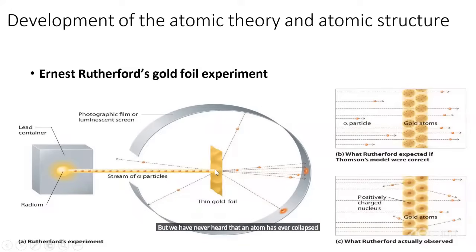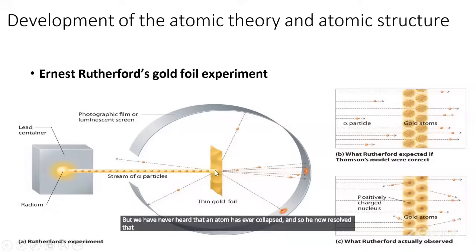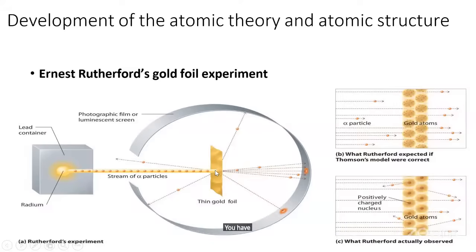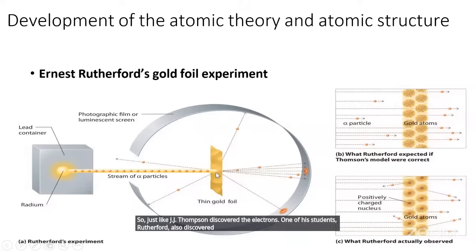And so he resolved that in here, you have a hard, dense something, which is referred to as the nucleus in the middle, and there is a positive charge concentrated in that middle. And this is what he referred to as the proton. So now we have the proton and we have the electron. Just like J.J. Thomson discovered the electrons, one of his students, Rutherford, also discovered the proton.